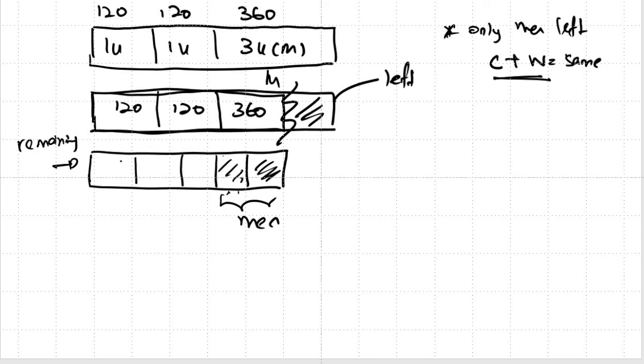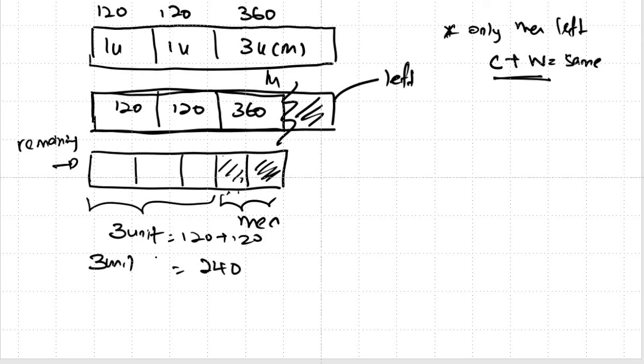So my children and women, I see that 3 units is actually equal to 120 plus 120. So it's 240. 3 units is actually 240. Okay? So 1 unit will be 240 divided by 3, so it will be 80.